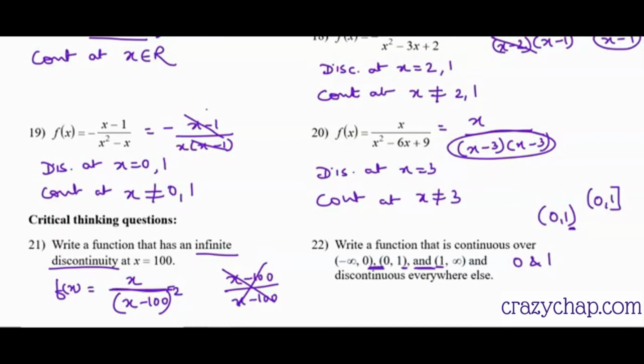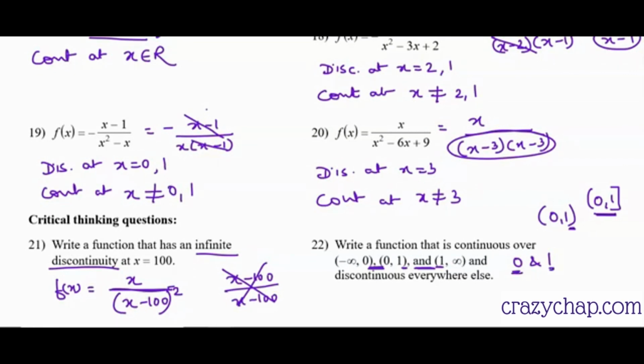It means all the values after 0 and up to 1, meaning it will touch 1. So that is a half-open, half-closed interval. But in this case, at 1 they are open intervals. So it means the x value should not attain either 0 or 1. It means it has to be discontinuous at these points.